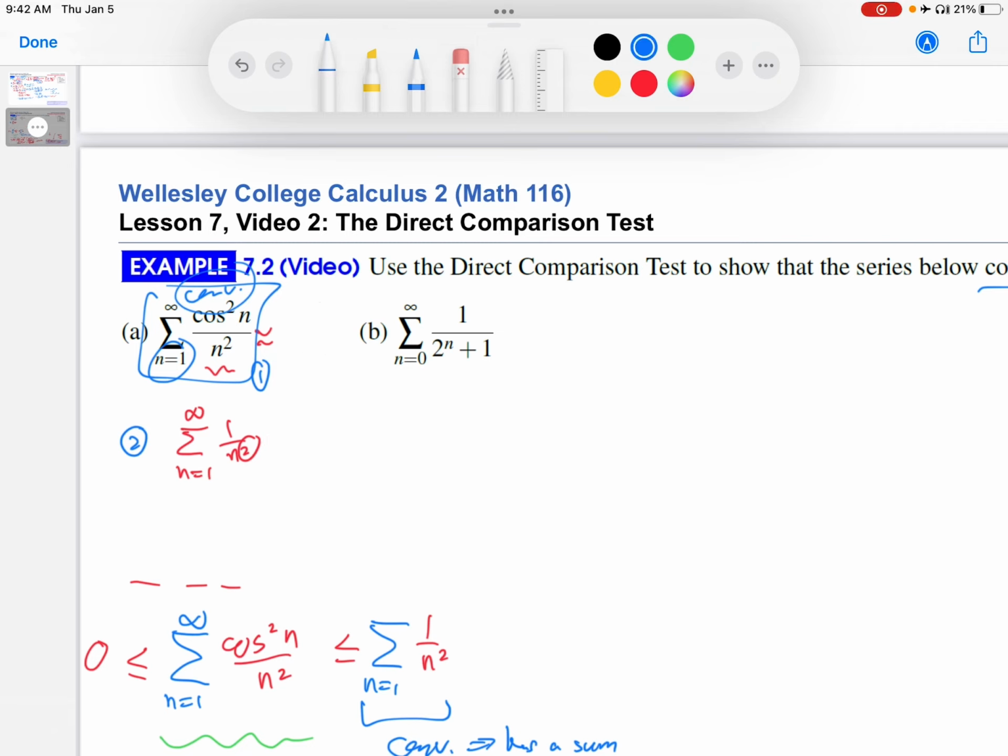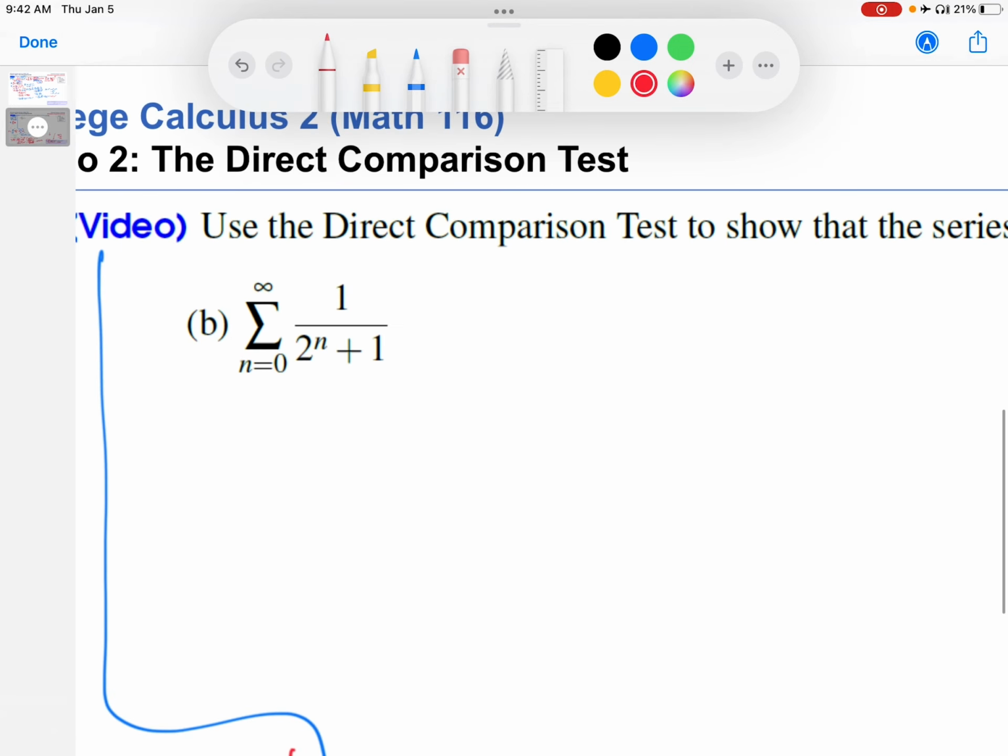Okay, so remember the first part of the procedure that we did. We were coming in here, we were looking at the series, and we were trying to figure out if there's another series that it reminds us of. So, especially because here of the 1, we can think about n getting larger and larger, and eventually that plus 1 not mattering so much in relation to the 2 to the n.